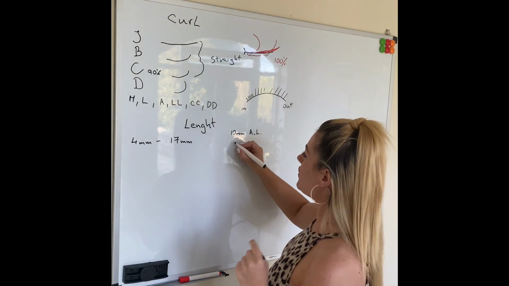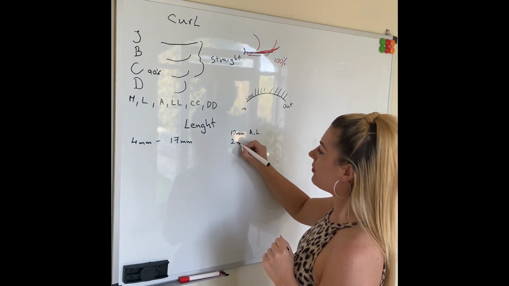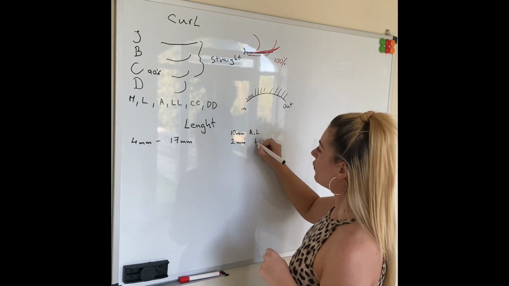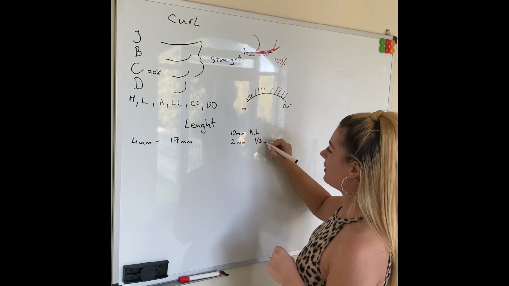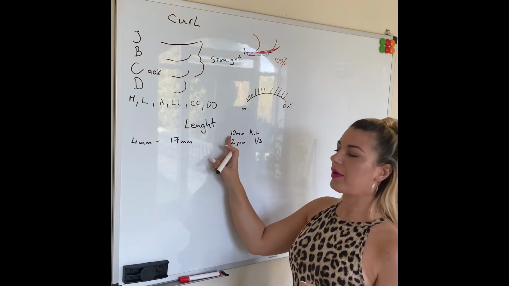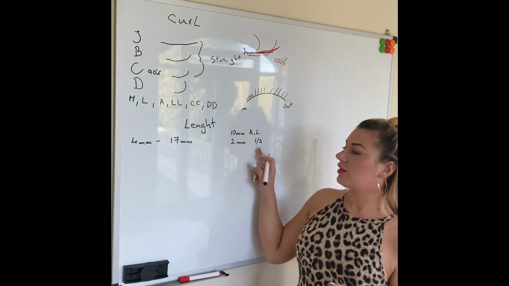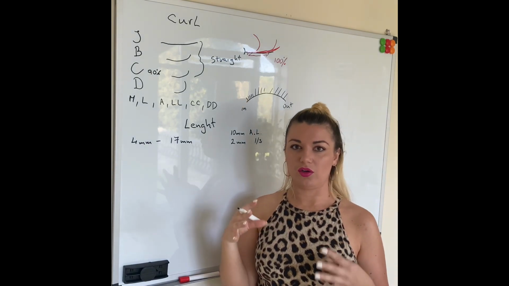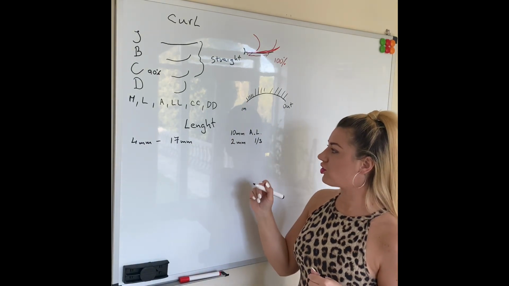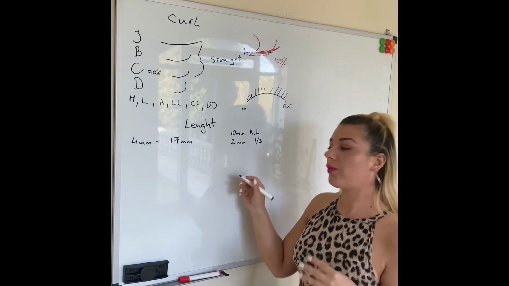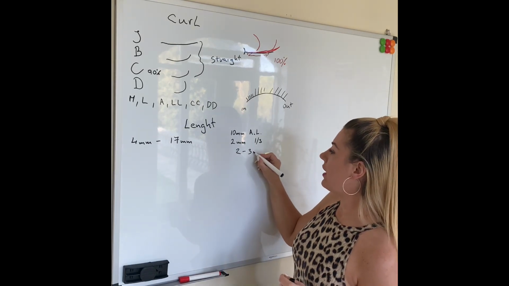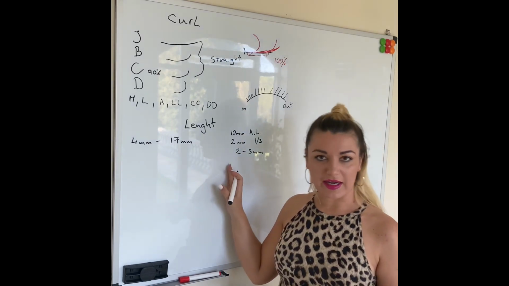So we should always go only either 2 millimeter longer or around 1/3 longer. If you're talking about a 10 millimeter length on the average lash, the 1/3 would be around 3 millimeter longer. So I would probably go 2 to 3 millimeter longer than the natural lash.